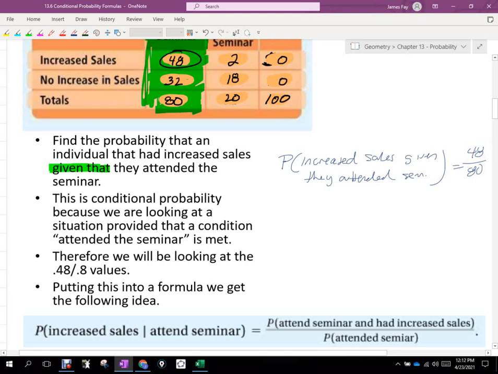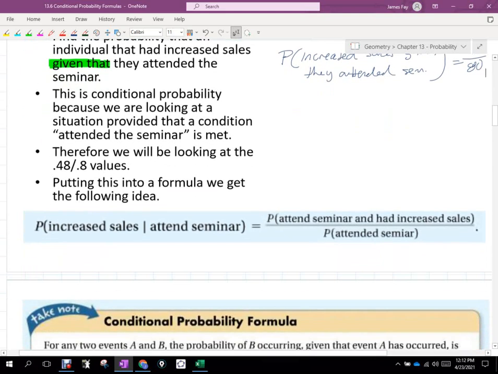Change that to a decimal, you've got your probability, right? This is what we refer to as the conditional probability formula. This is the notation that we're going to see. This symbol right there is shorthand for the phrase given that.